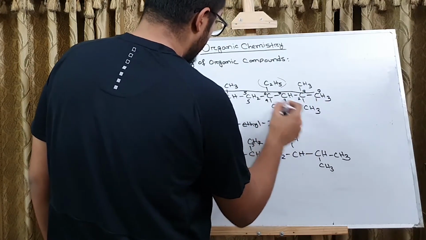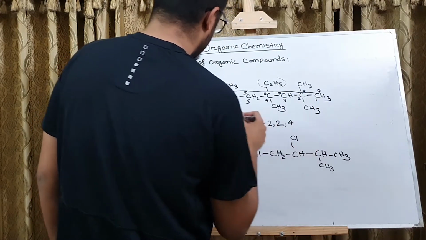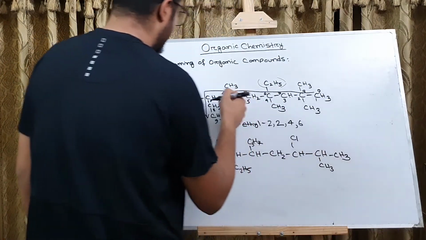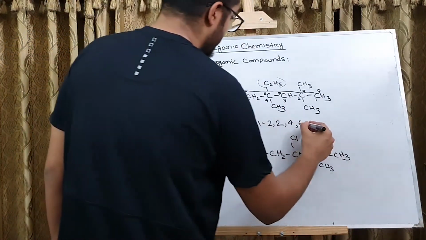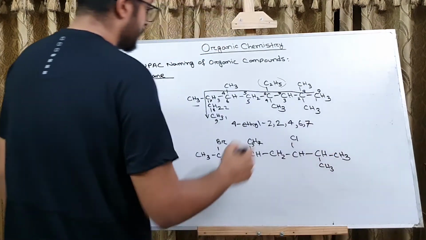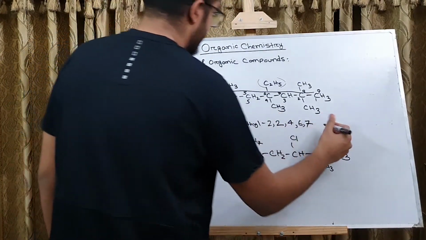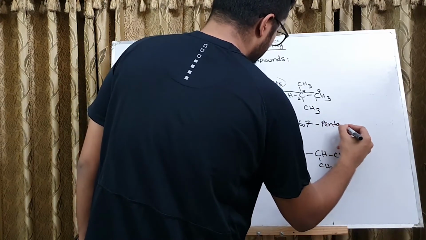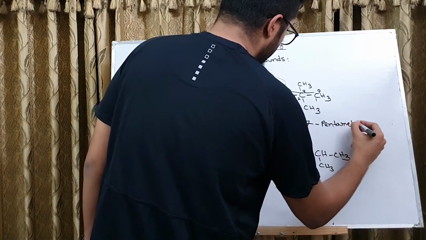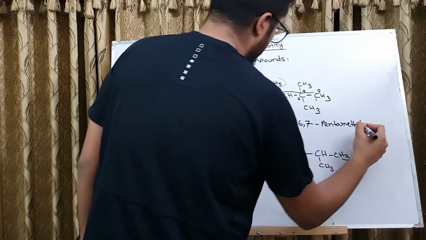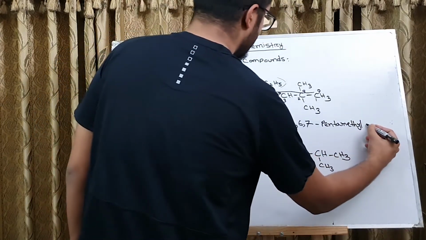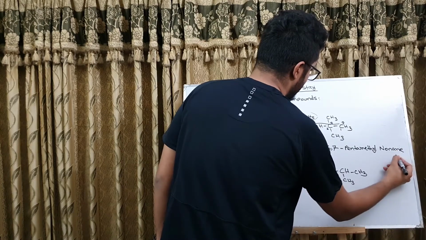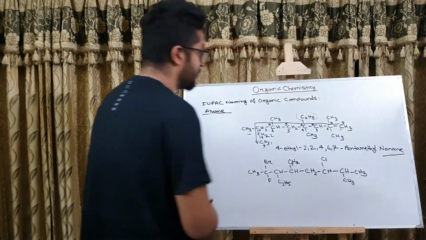Then I have another methyl at 4. Then my next methyl is at number 6. And another methyl at number 7. So 2, 2, 4, 6, 7 pentamethyl nonane. 9 carbon based alkanes are termed as nonane.